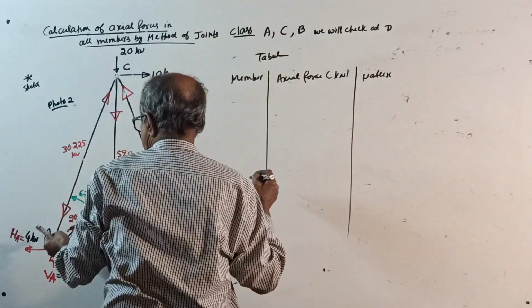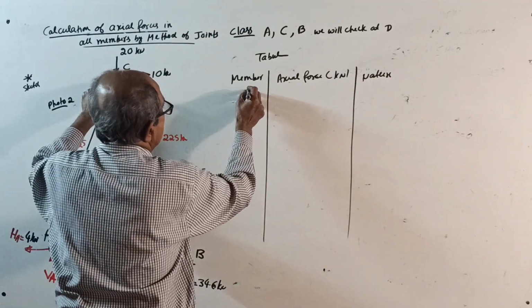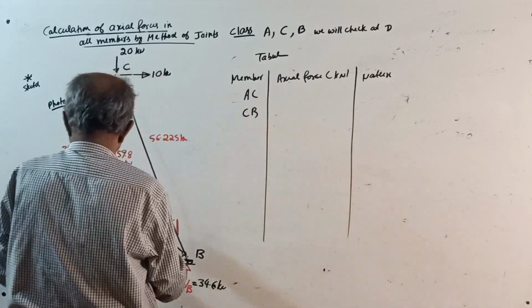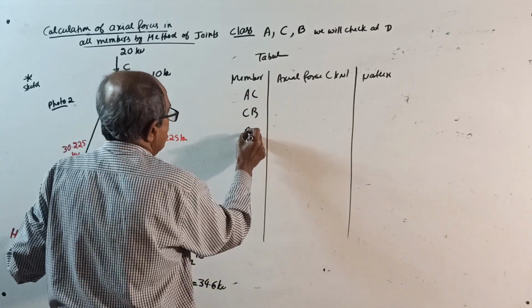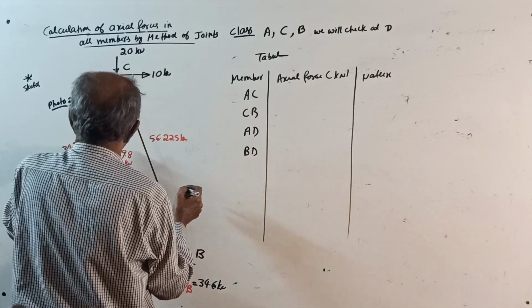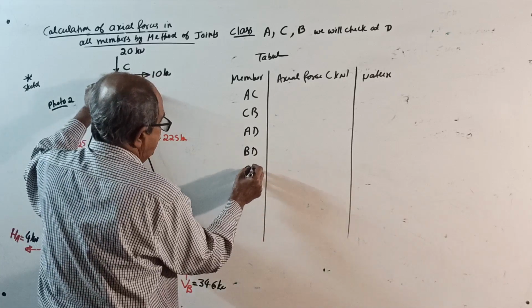If they want, member AC, member CB, member AD, member BD, member DC or CD, okay.